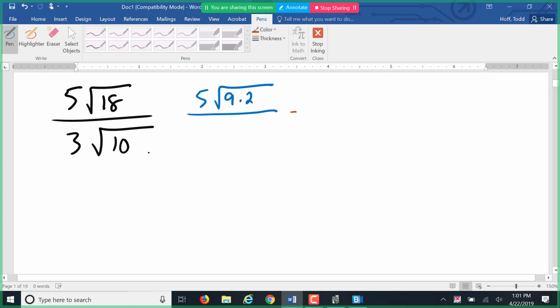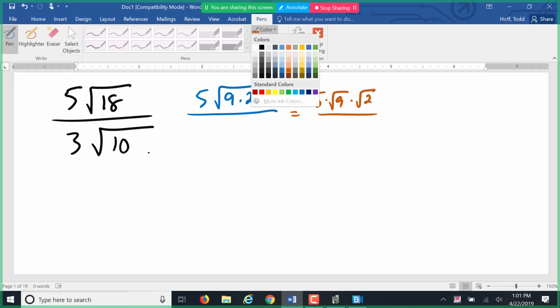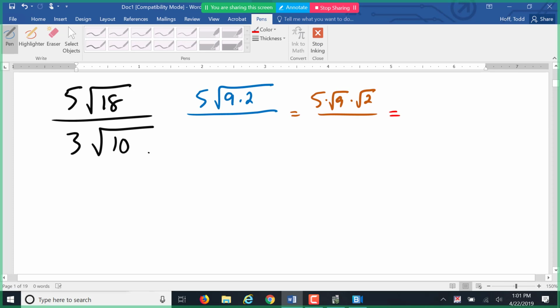I can take the square root of 9, if I separate it from the 2, square root of 9 is 3. 5 times 3 is 15. So the top of that becomes 15 square roots of 2.